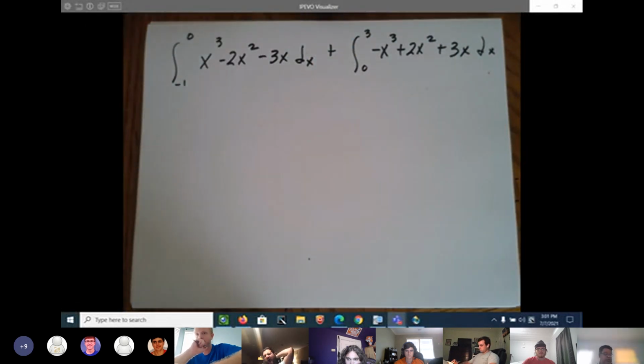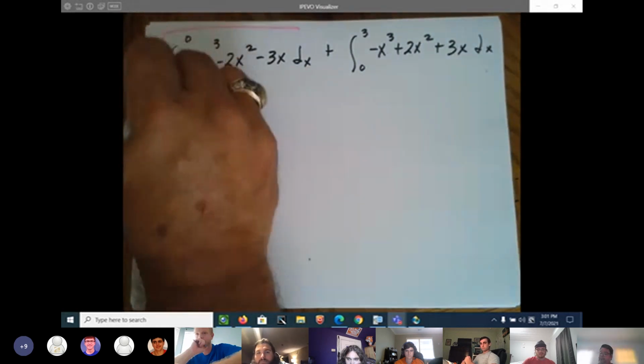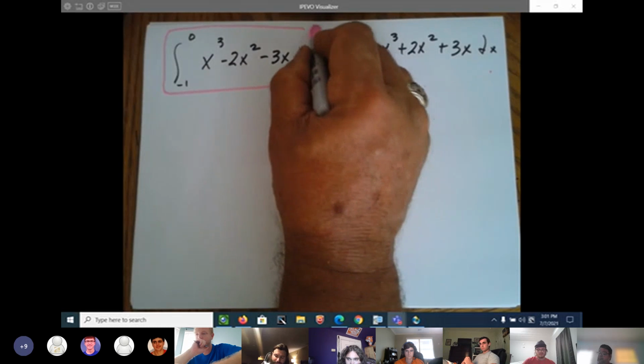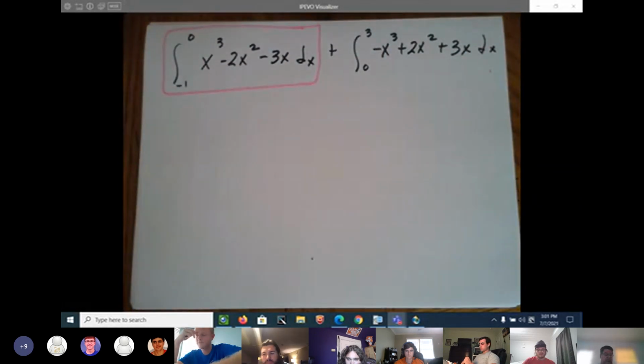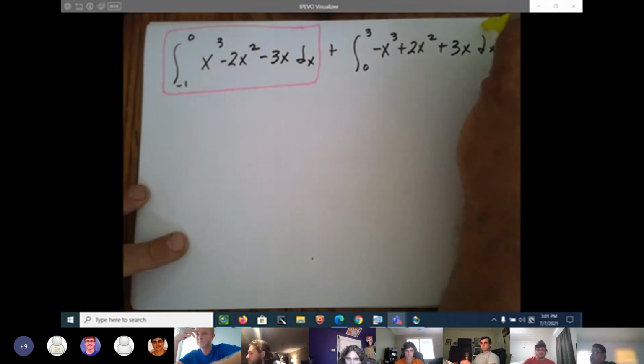And this is the pink area. And this is the yellow area.